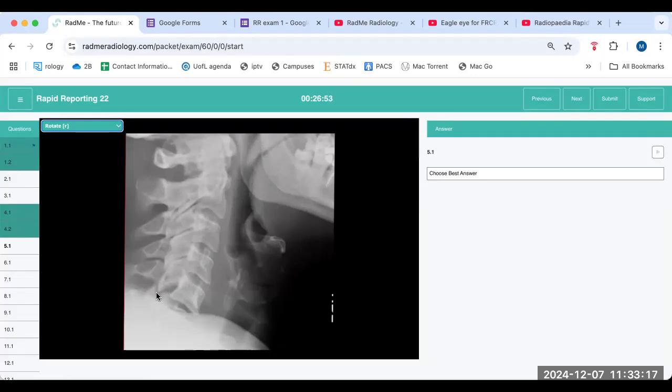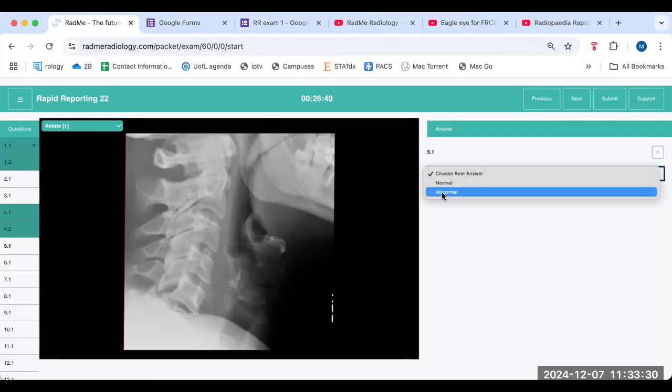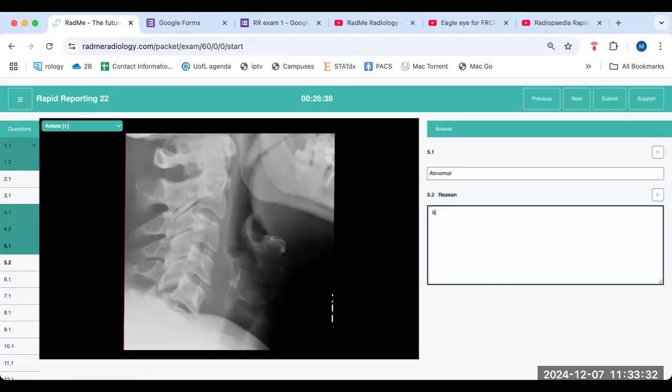See, I can see here the facet dislocation, and you can see the facet is locked. So I will put bilateral facet dislocation between which levels, 2, 3, 4, 5, 6. So I will put it abnormal, and I will put bilateral C5, 6 facet dislocation.